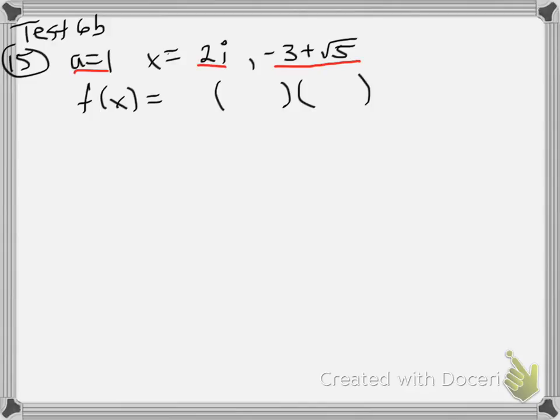If we solve this backwards, remember when we solve these backwards, we bring it back here. This is really x minus 2i equals 0, so I'm going to write x minus 2i. Same thing here.